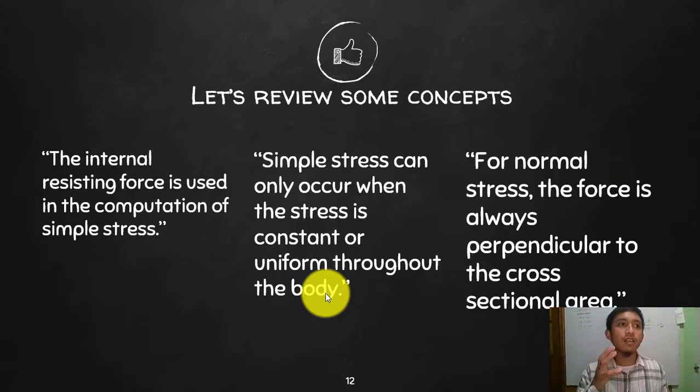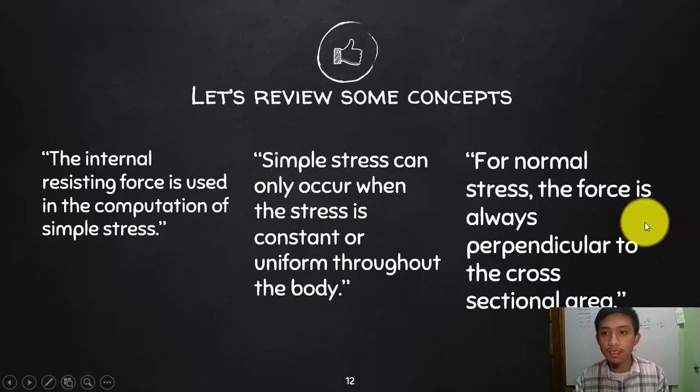But there are types of stress wherein the direction of the force is simple, perpendicular, parallel, and so on, so that it will give us a uniform, constant stress on the single area. Therefore, we can say that that's a simple stress. So that is our focus for this subject, simple stress. For normal stress, the force is always perpendicular to the cross-sectional area. That is what you should keep in mind for normal stress.